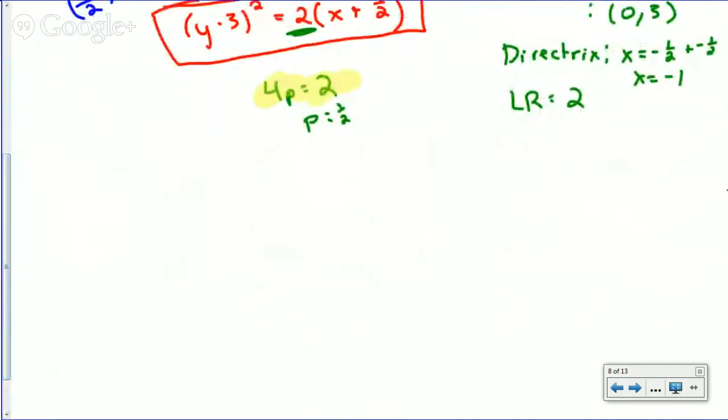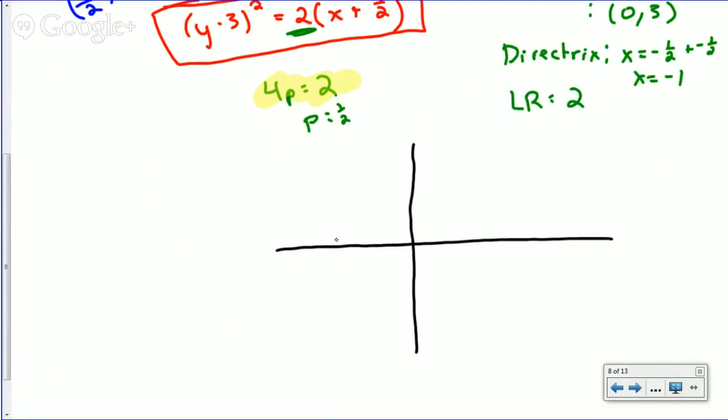So we'll start here with our XY axis. Our vertex is at -1/2, 3. So there's 1, 2, 1, 2, 3. We've got our directrix at -1.